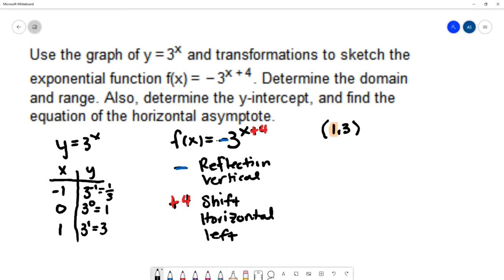So moving to the left will subtract 4 from that x-coordinate. If we subtract 4 from that x-coordinate, it's going to move to negative 3, 3. So that's that shift left, subtracting 4 from the x-coordinate.